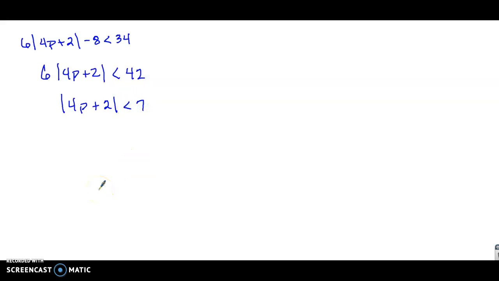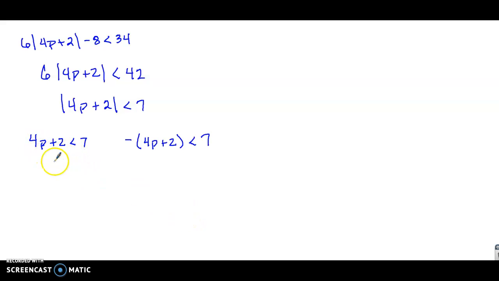Now that I've gotten my bars by themselves, less than 7, I can now solve it exactly like I did everything else. It's no different. 1 as is, 4p plus 2, less than 7. The other one, changing that distance, negative 4p plus 2 to make it that negative value, less than 7.